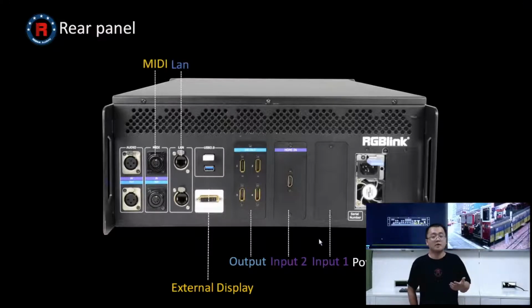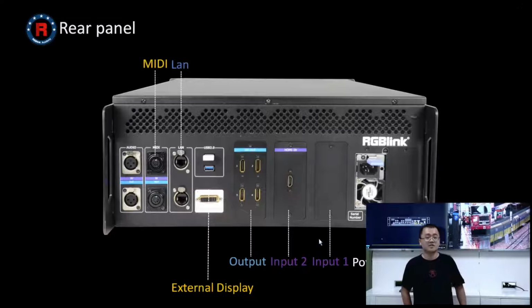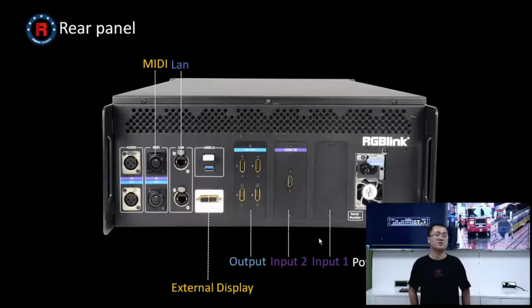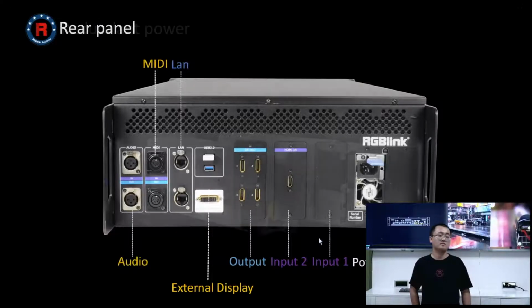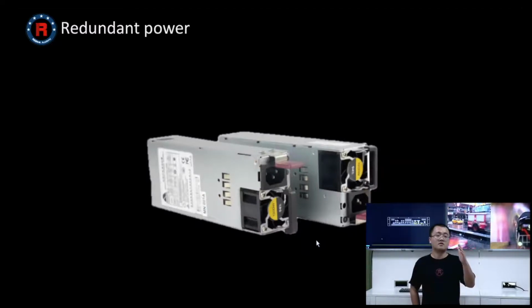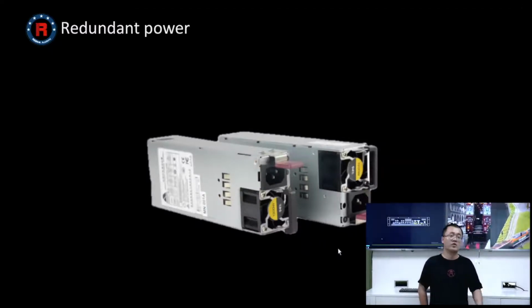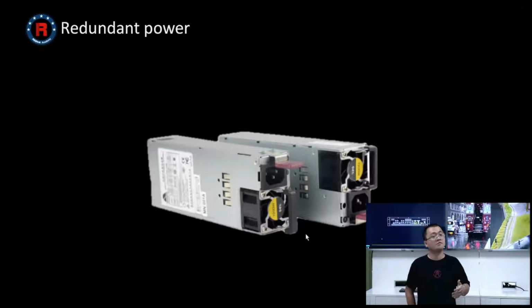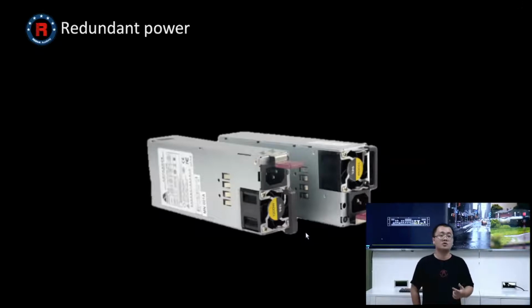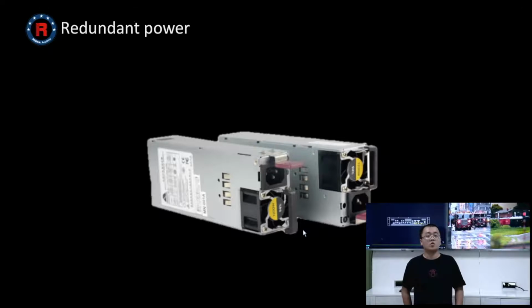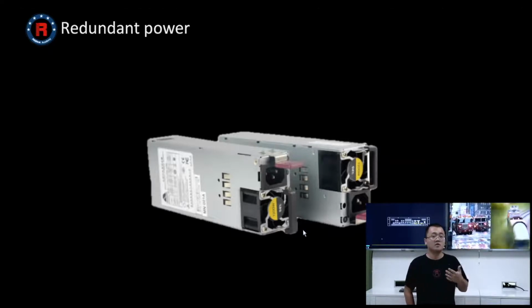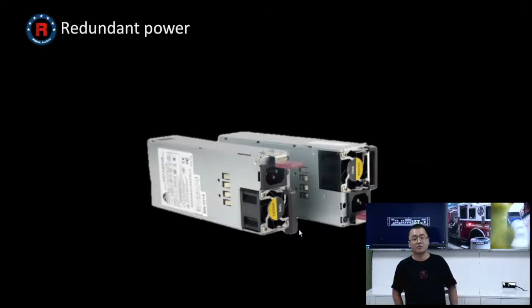For the redundant and internal features, let's check in more detail. Redundant power means when one loses power, another one will support immediately, so it makes sure the power works more stably.